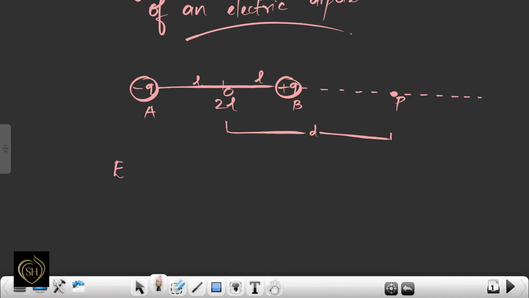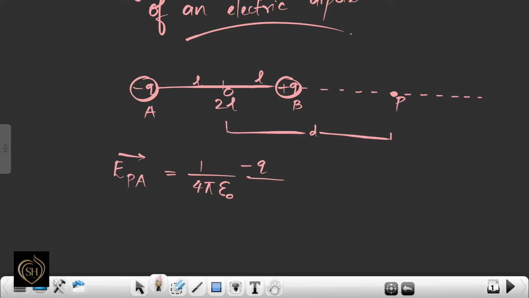So, intensity E at P due to minus Q charge. Since minus Q is placed at A, we can write it as EPA. It is a vector quantity that is equal to 1 by 4 pi epsilon 0, minus Q divided by distance square.